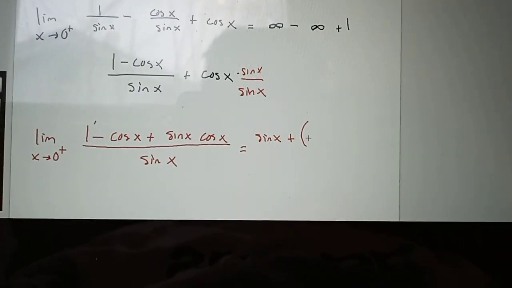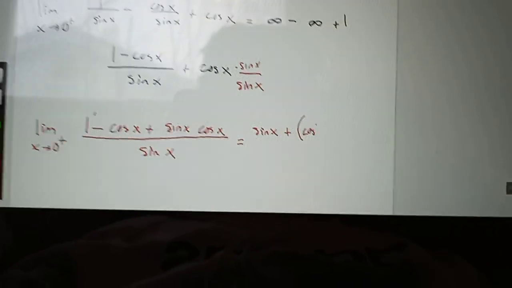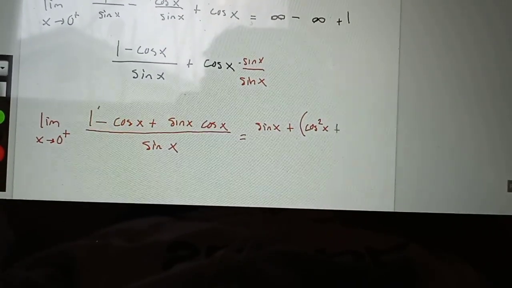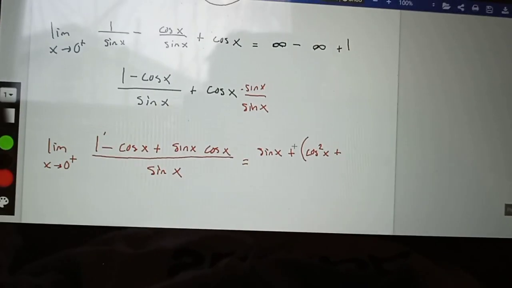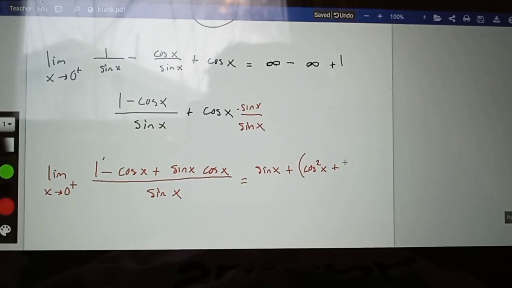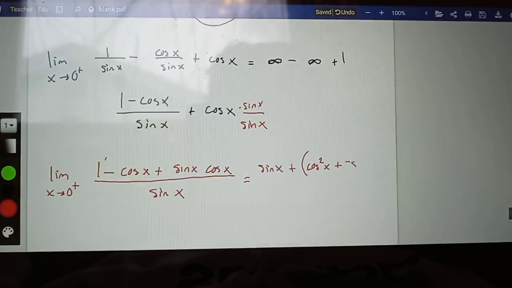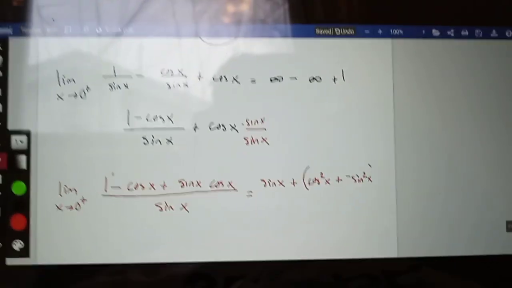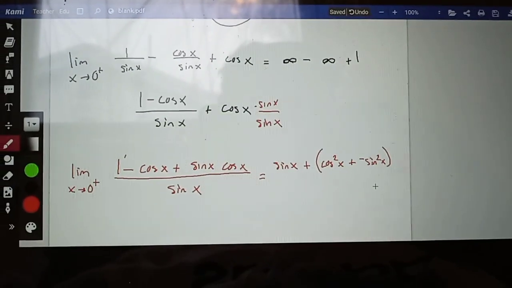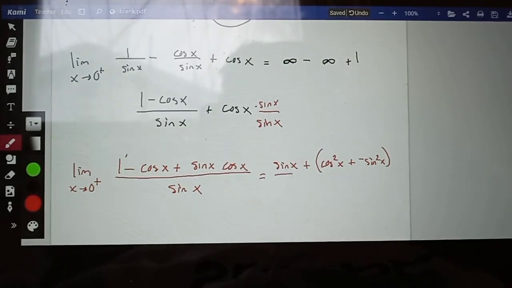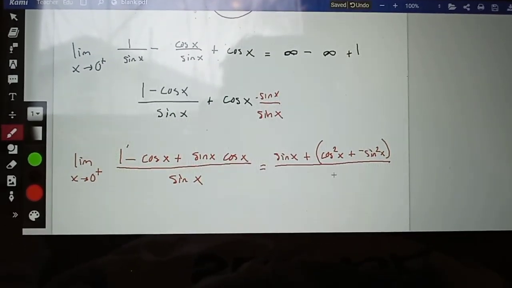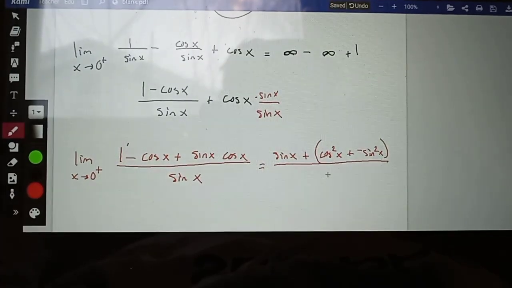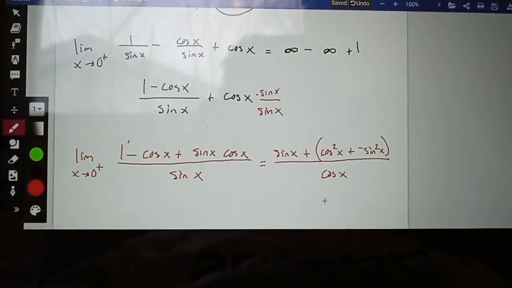So this would be cosine squared of x plus negative sine squared of x. Still with me? Yeah. Okay, over cosine of x.